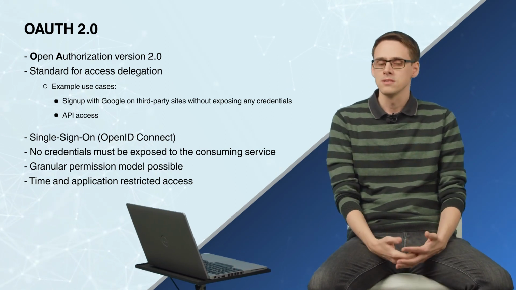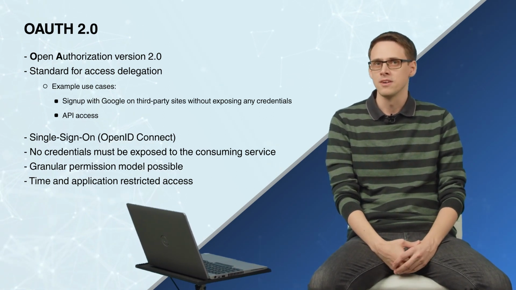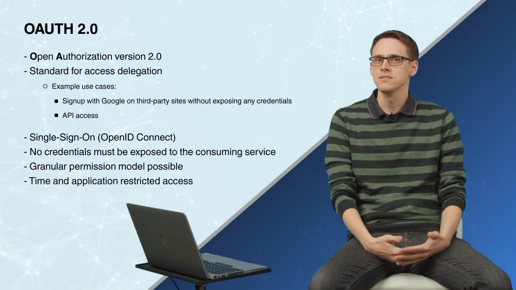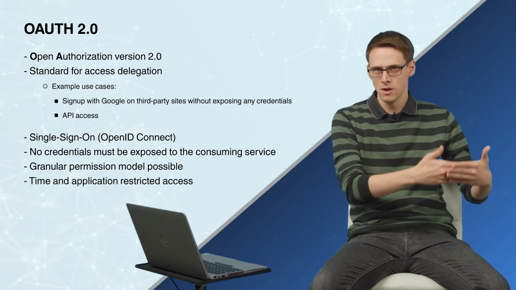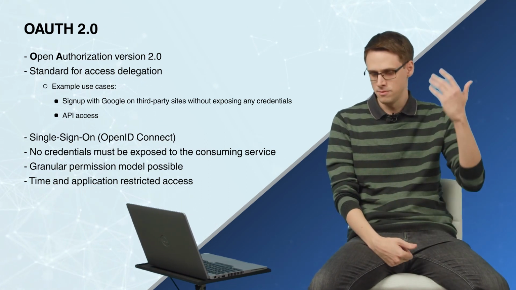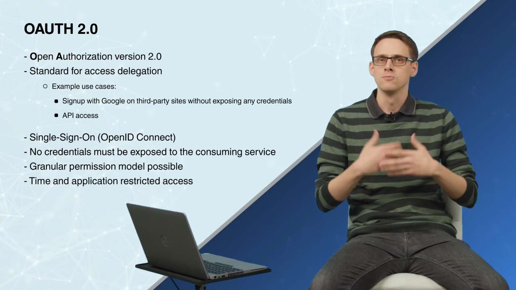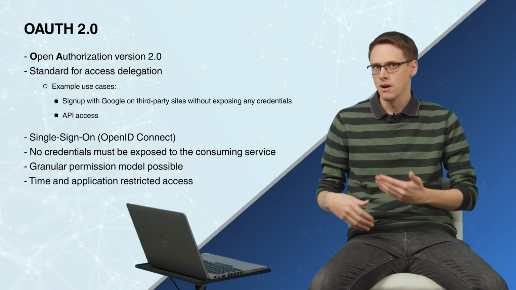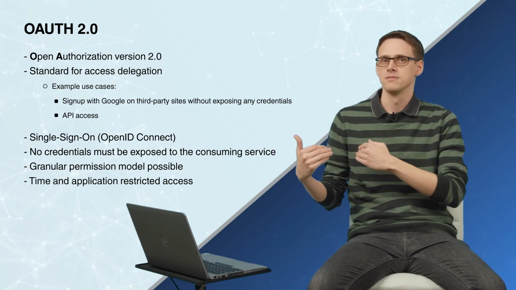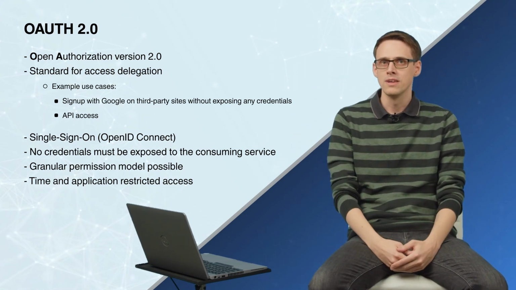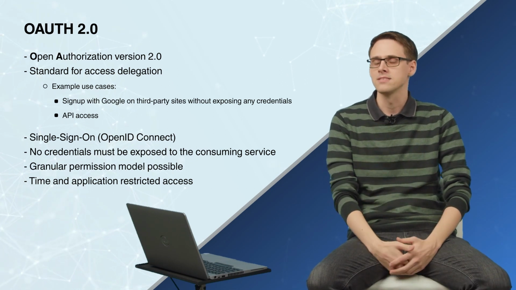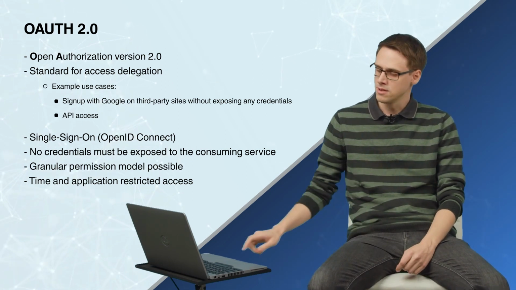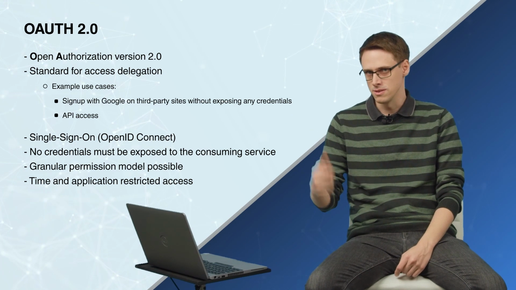Then what does OAuth 2.0 provide? You can have granular permissions given to the service needing it. For example, if you go again to Google, you can give permissions for your email address or your name, but not your calendar entries. You can give only granular access to specific parts of your data or resources.